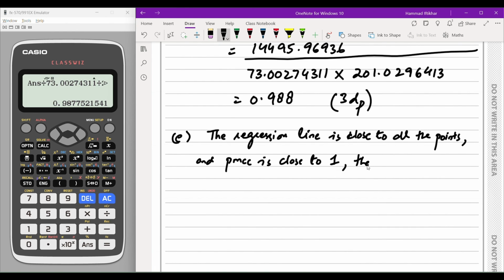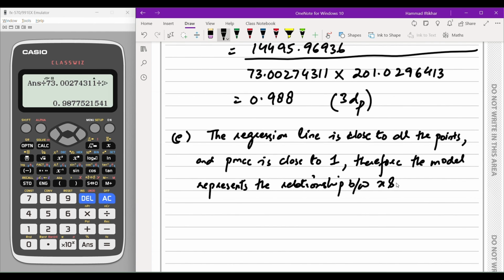Therefore, the model represents the relationship between x and y suitably.